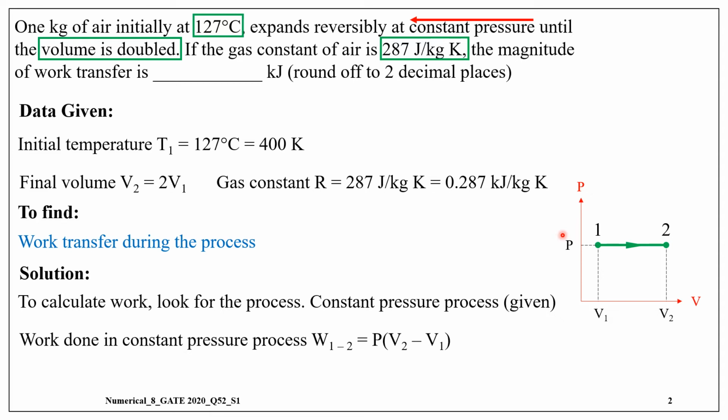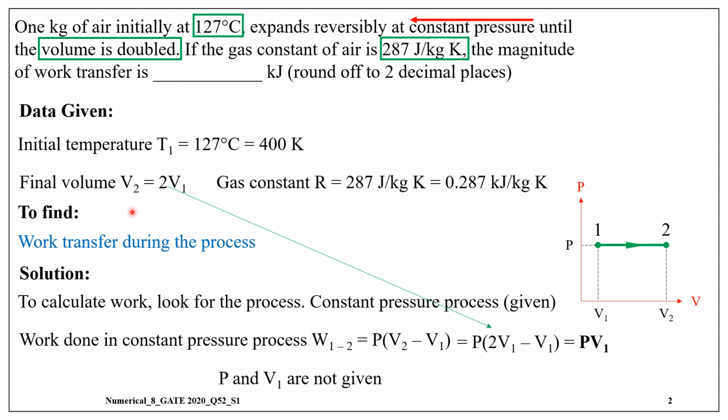If you take a look at the data, P and V1 are not given. V2 is given. Therefore, instead of V2, we substitute 2V1, which gives PV1.